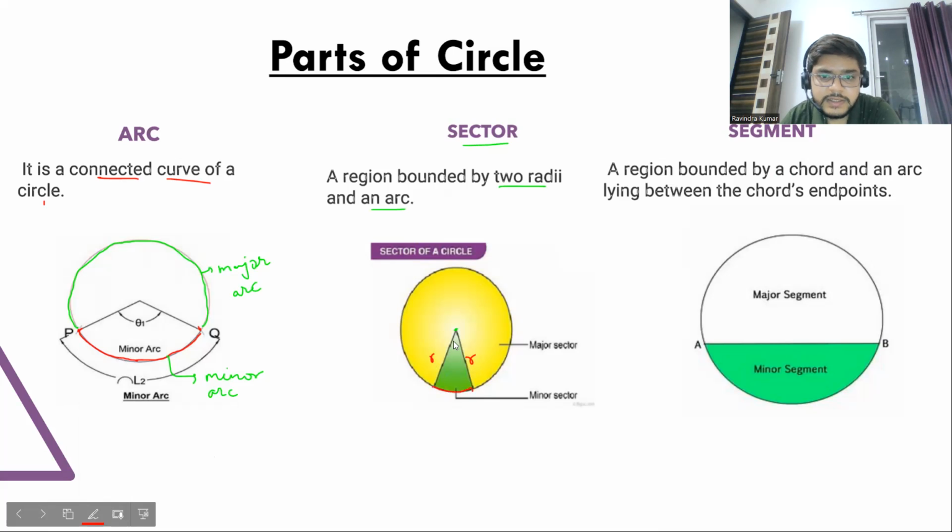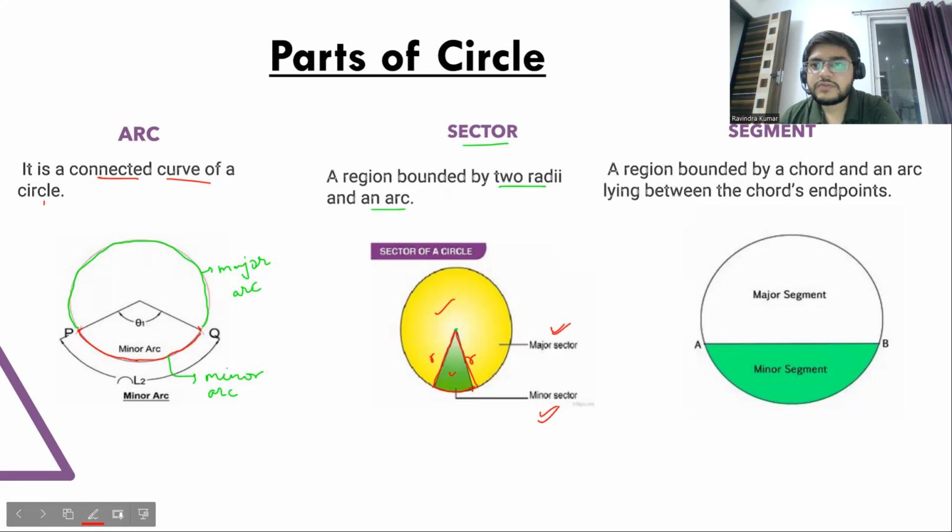The region bounded by the radii and the arc is this one in green color, as you can see in the figure. This is the first sector, and the other one is this one in yellow color. Here one is greater and one is smaller. The smaller one is called the minor sector, and the greater one is called the major sector. Great.